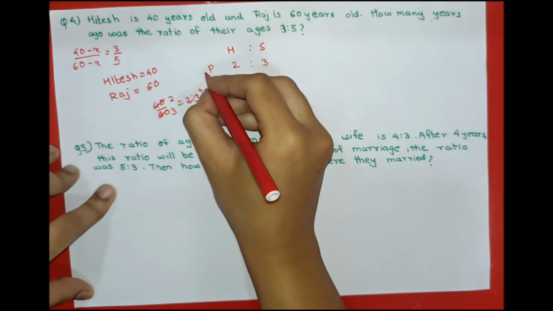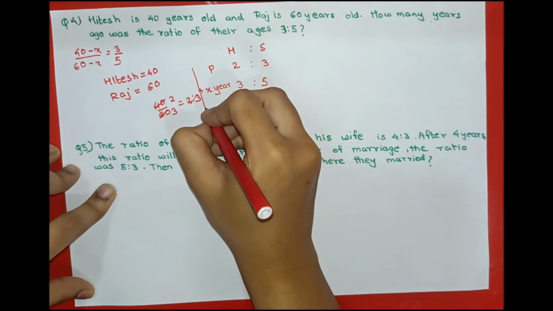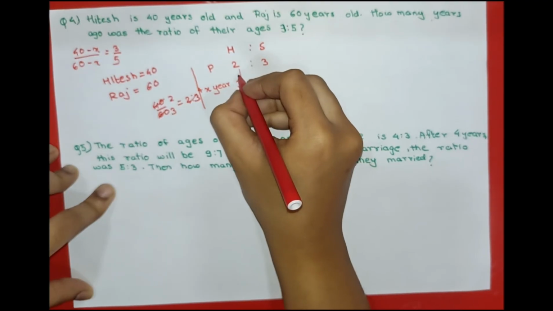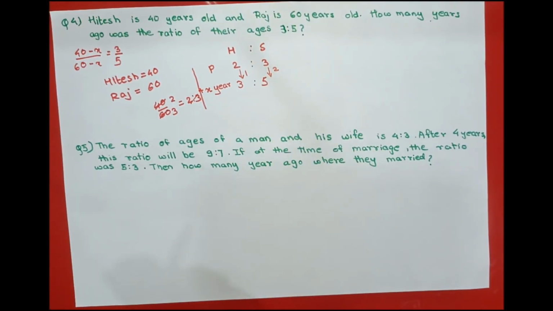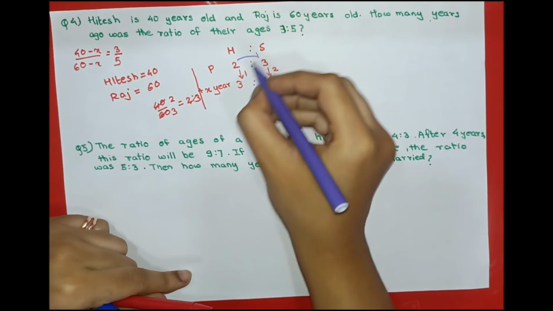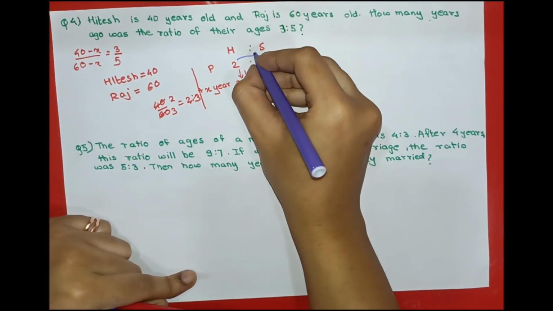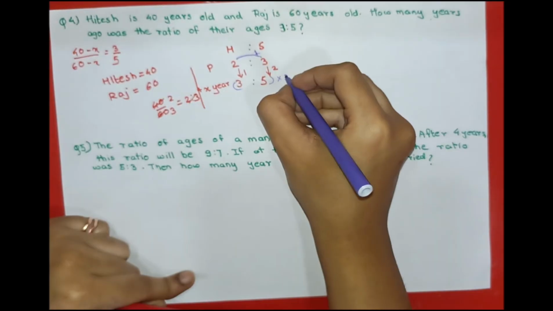Now check the difference between the terms. Here it is 1 and here it is 2, so we cannot directly equate these terms. What we have to do is take the difference of the upper terms, here we get it as 1, and multiply it with the bottom terms.